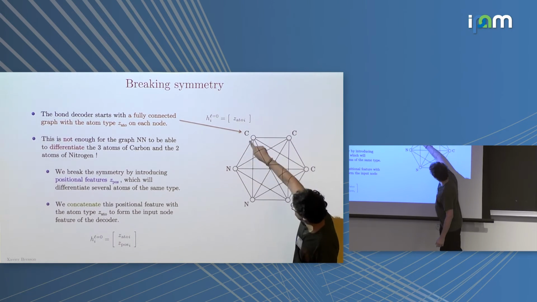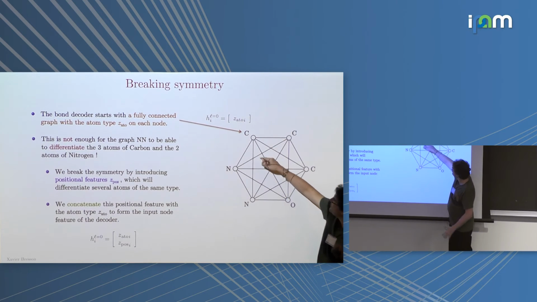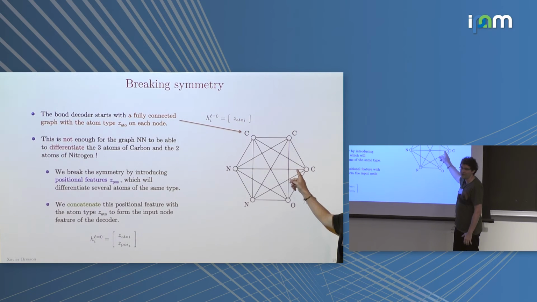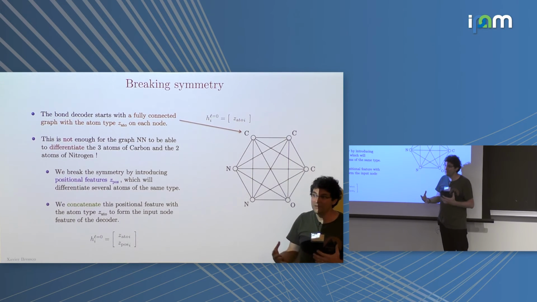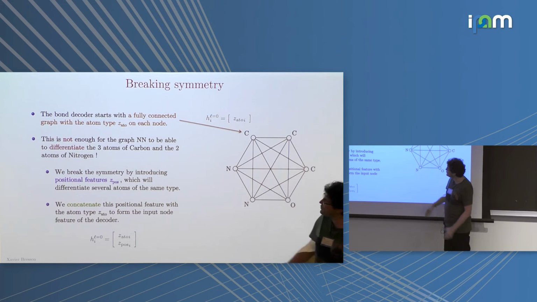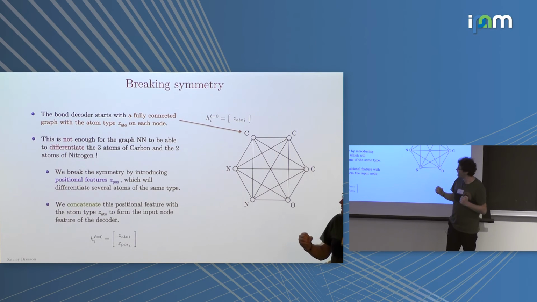So the problem is, how can I differentiate this atom of carbon, this atom of carbon, and this atom of carbon here? The neural network will not be able to differentiate these three atoms because they have the same type. So it will never work. The same also for the nitrogen. So we need to add some additional information to differentiate atoms of the same type.